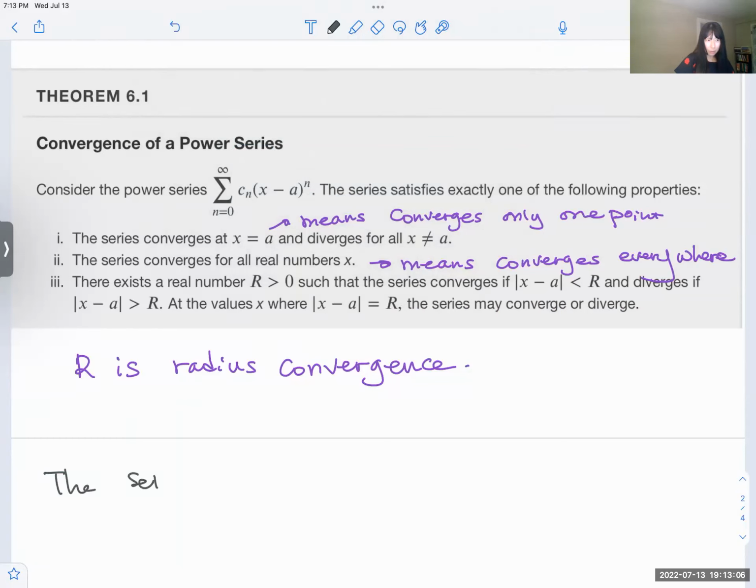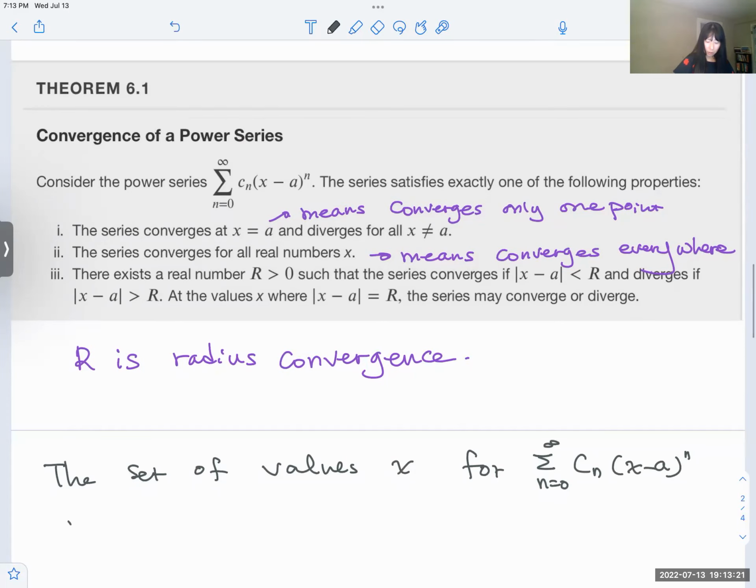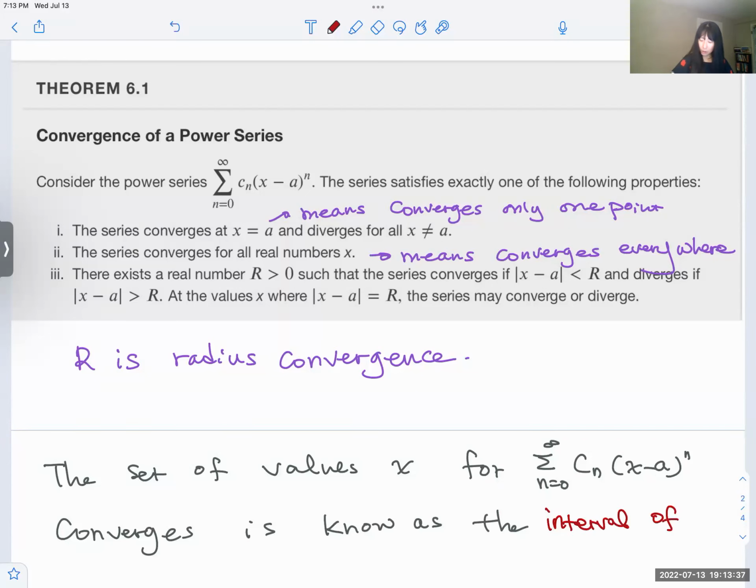The set of values x for which the power series converges is known as the interval of convergence.